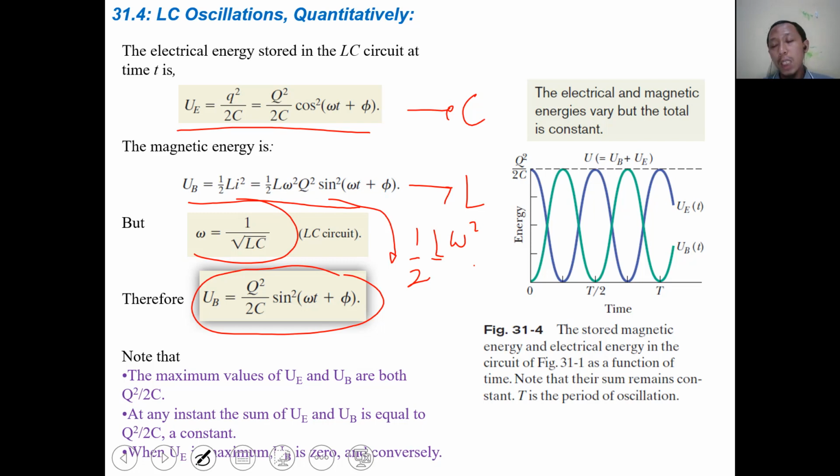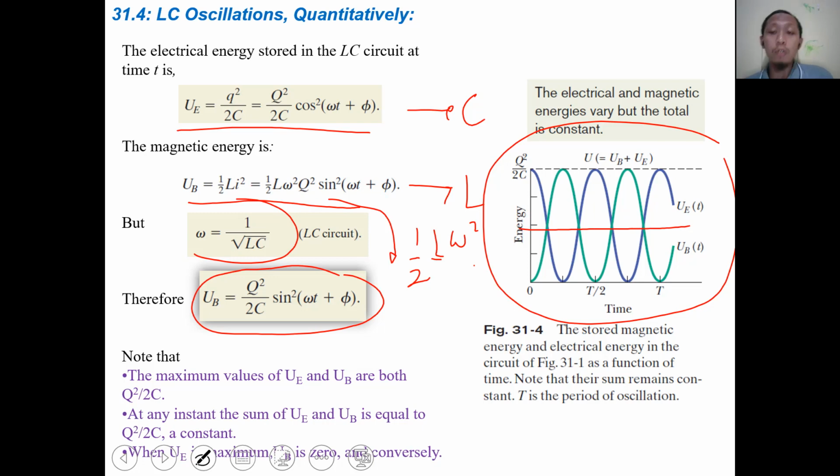And then, as we know before, the total energy is stored between the inductor and capacitor. If we make a graph of U_B and U_E like this, the blue one is U_E and the green one is U_B. We can see that when U_E is at maximum value, U_B is at minimum value, and in the middle it means that U_E is equal to U_B. After that, the energy in U_E is transferred to U_B, and then U_B is at maximum value and U_E is equal to 0, like this one.